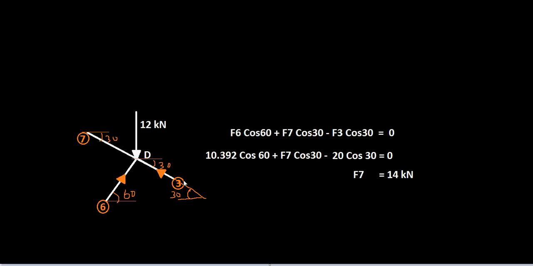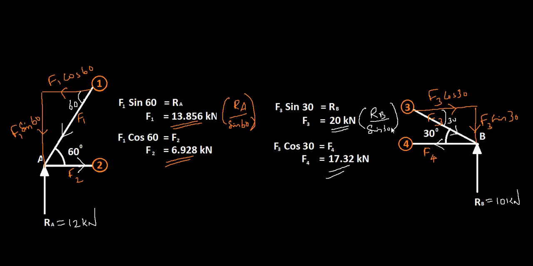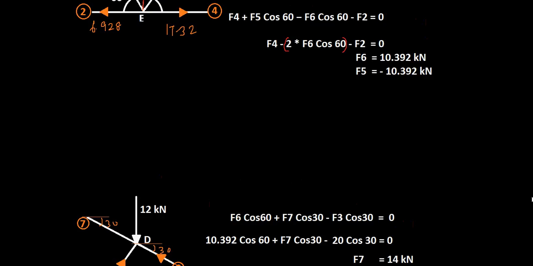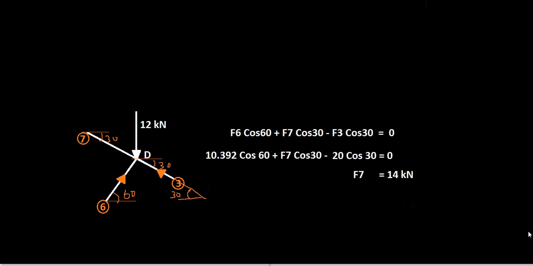Force F3 is 20 kilonewton, and force F6 is here 10.392. So F3 is 20 kilonewton, and F6 is 10.392, and this is 12.